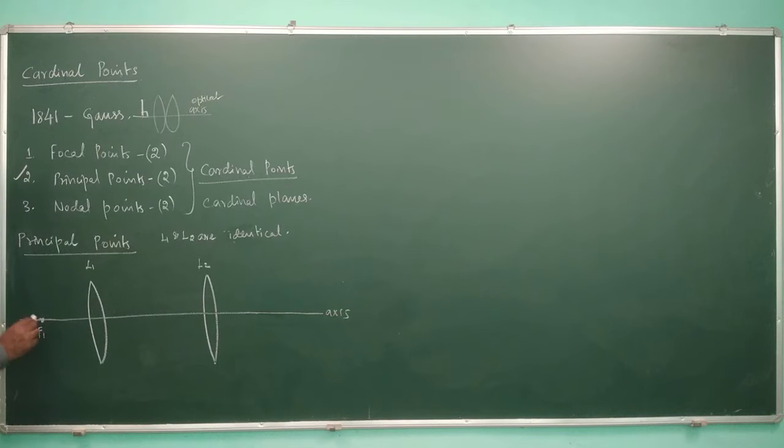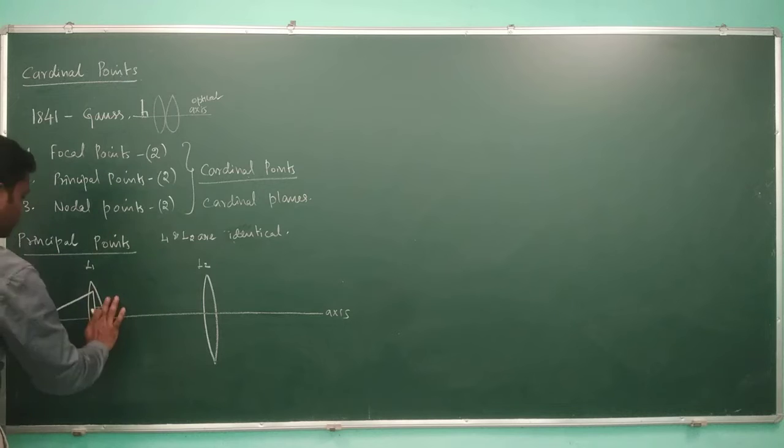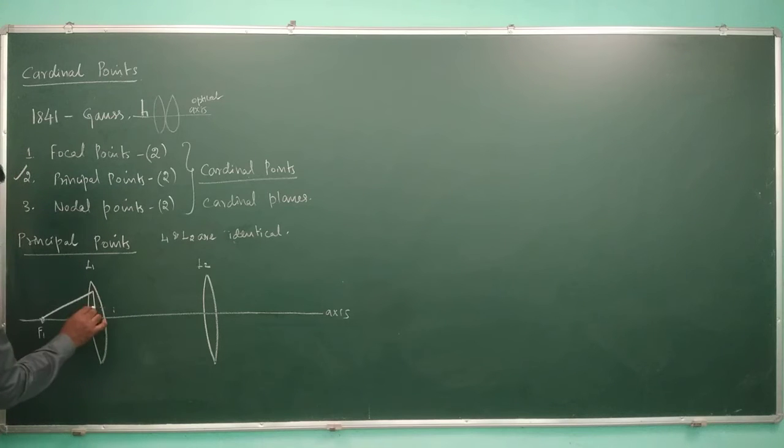So there is an object at f1, and a light ray originating from f1 travels towards L1 and is incident on the lens at height h1.